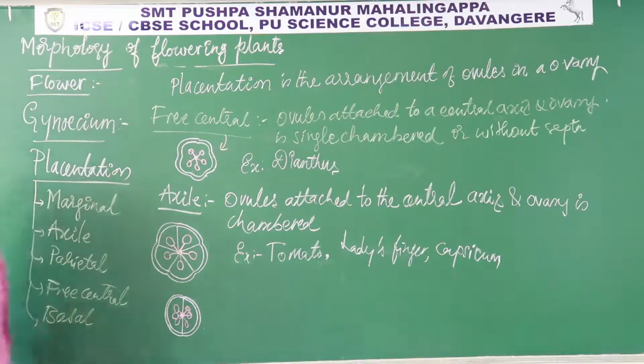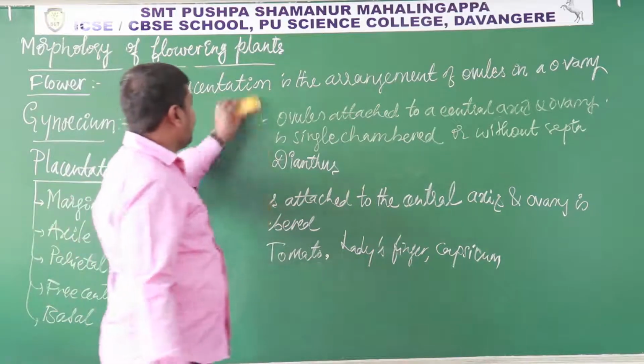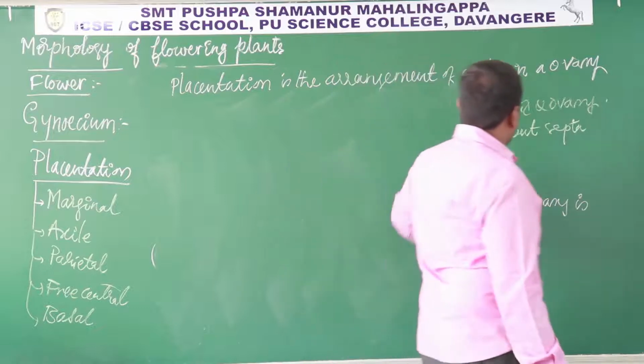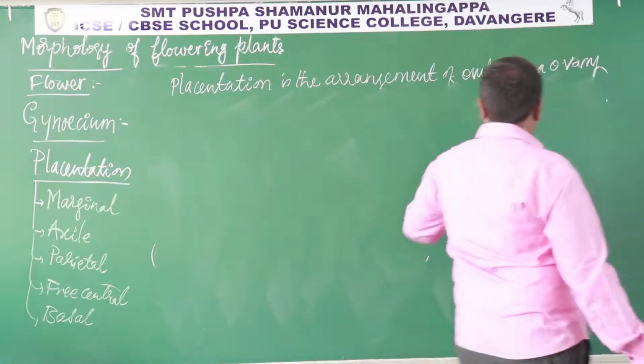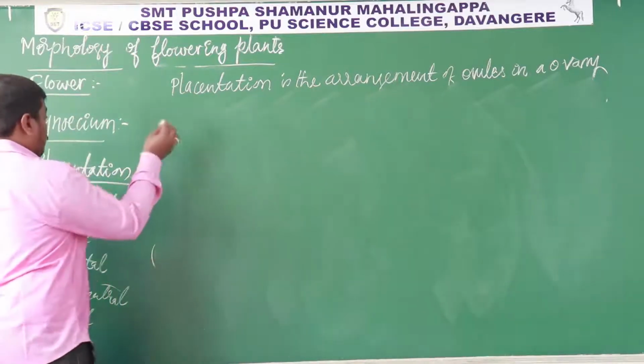ಸೊ ನಾವು ಕಮ್ ಟು ದ ಪೆರೈಟಲ್. ಓಕೆ, ಸೊ ಪೆರೈಟಲ್ನ ಯು ಕ್ಯಾನ್ ರಿಮೆಂಬರ್ ಲೈಕ್ ಅ ಪೆರಿಫೆರಿ ಅಂದರೆ ಸರೌಂಡಿಂಗ್ ಅಂತೇಳಿ, ಸುತ್ತ ಇರೋದು ಅಂತ ಪೆರಿಫೆರಿ ಅಂತಂದರೆ. ಸೊ ಓವ್ಯೂಲ್ಸ್ ಆರ್ ಅಟ್ಯಾಚ್ಡ್ ಟು ದ ಇನ್ನರ್ ವಾಲ್ ಆಫ್ ಎ ಓವರಿ ಫ್ರಮ್ ಔಟ್ಸೈಡ್. ಓಕೆ, ಸೊ ಪೆರೈಟಲ್.